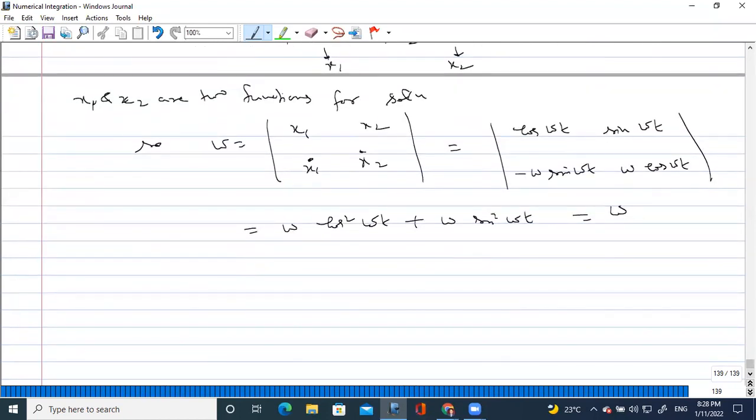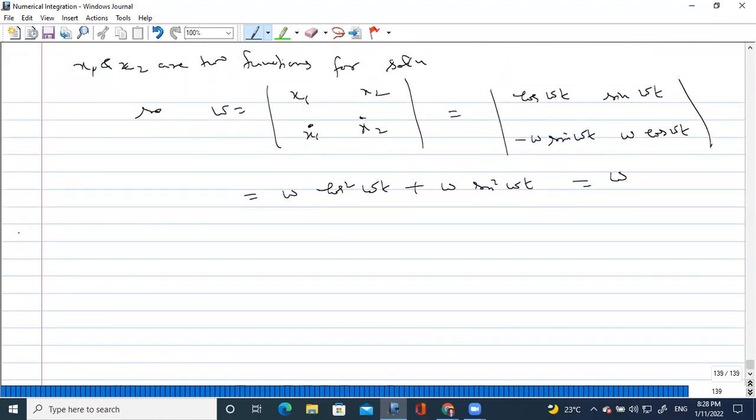Okay, suppose I make one more question here, because all the three concepts of this theory will be covered here. Here the Wronskian is not equal to 0, so they are independent only.